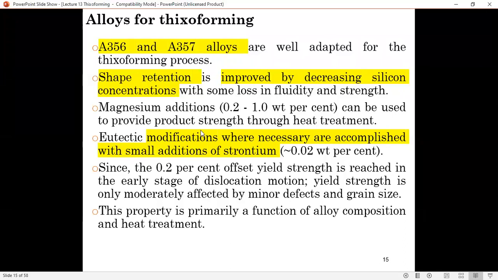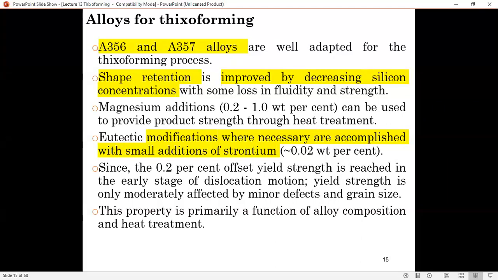You can also put magnesium. If you put magnesium inside the alloy, the strength will increase. You can also modify the eutectic. The eutectic is basically the alloy that achieves the equilibrium condition.